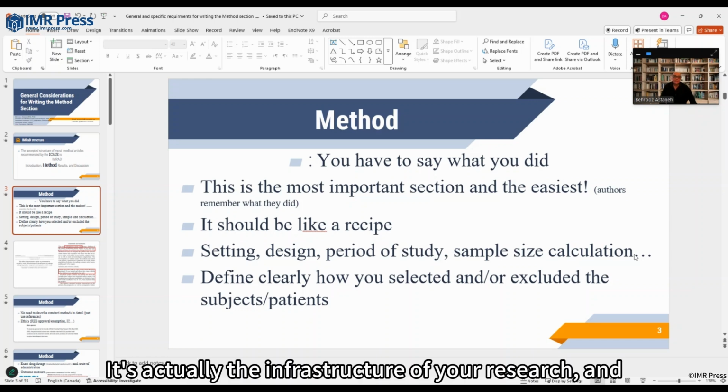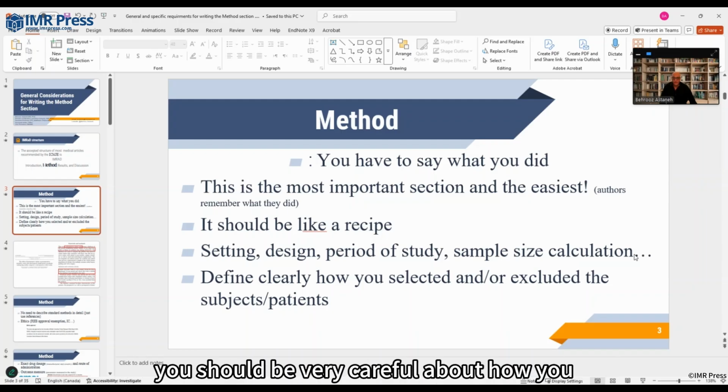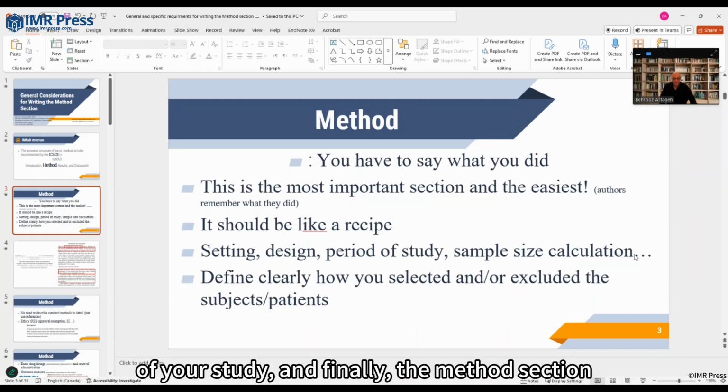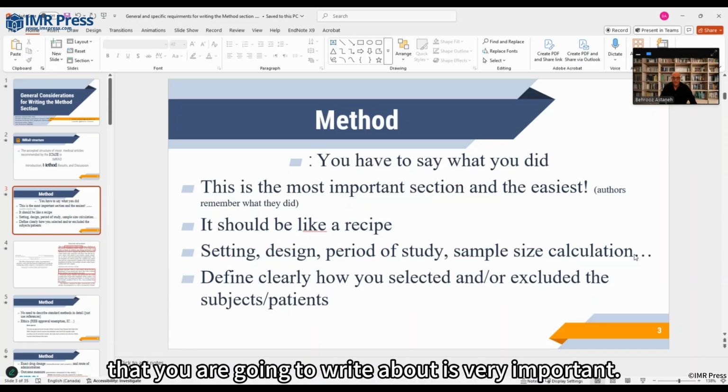It's actually the infrastructure of your research, and you should be very careful about how you design your study.